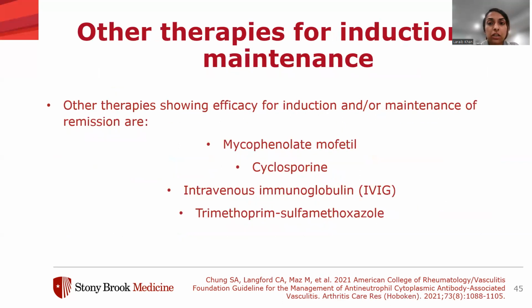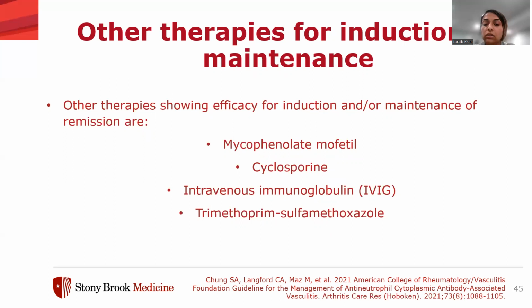Other therapies for induction and maintenance could be mycophenolate, cyclosporin, IVIG, or Bactrim. I'm not going to go too much in depth into these therapies, but just wanted to mention them.